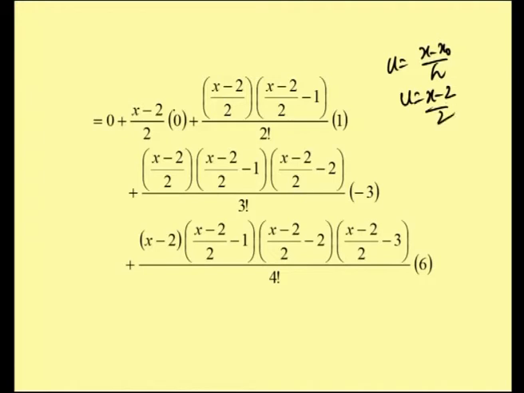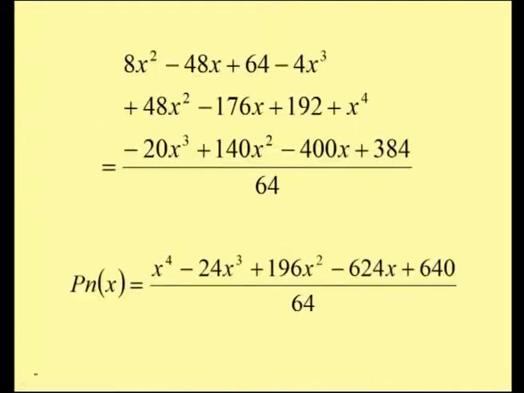Wherever u is there, you have to substitute these values. And since most of the values are 0, it is very easy to just cancel these, and we get only u into u minus 1 by 2 factorial into the corresponding del square y naught value. Like this these values are written here, and after simplification we get the polynomial as x power 4 minus 24x cube plus 196x square minus 624x plus 640 divided by 64.